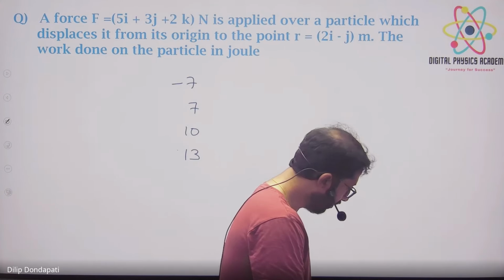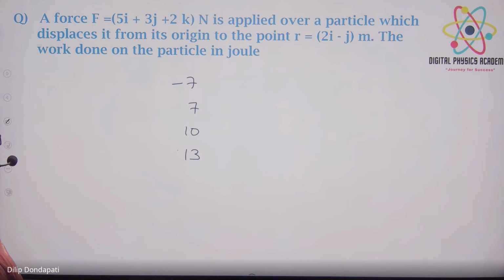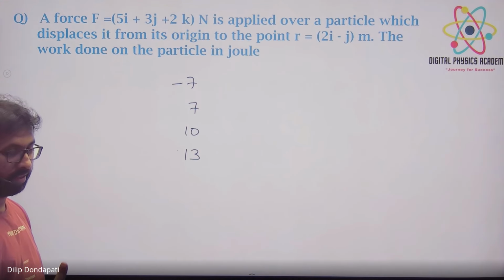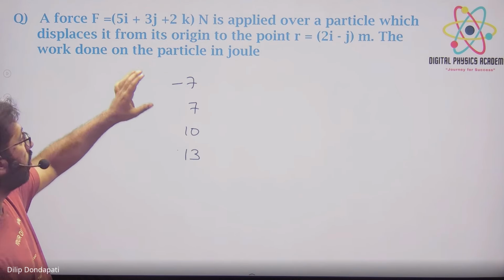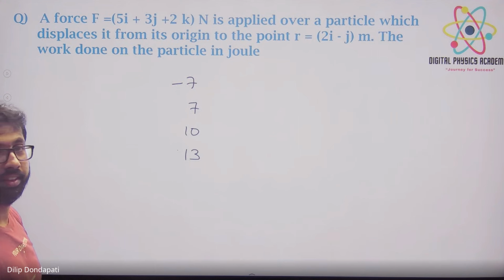Sir, 7, sir, just dot product of both. Let them do. देखते हैं. Jyotish understanding, force is given, displacement is given. He's asking what done. कितना आंसर? Multiply करो. F dot S. 7 is the answer.